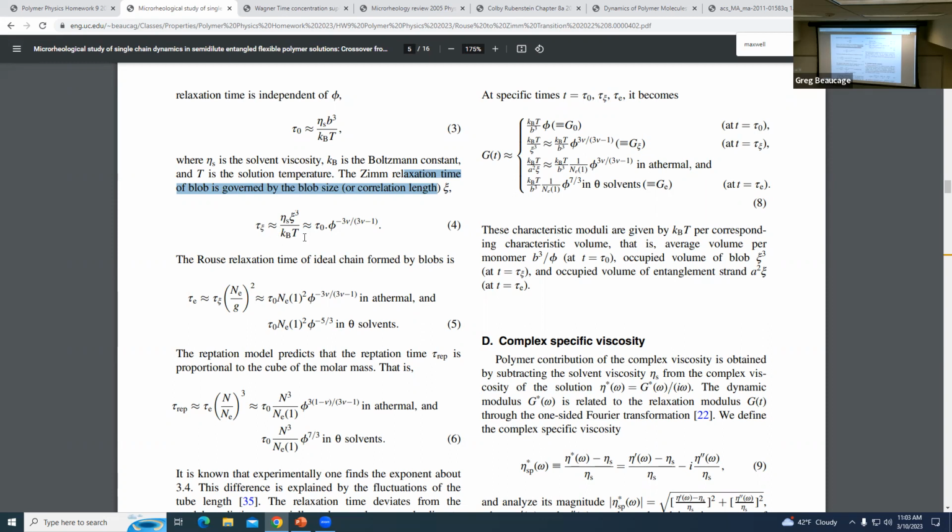So time times D, and D is kBT divided by, okay, so let's see if I can do this right. Let me write the equation first. It's tau of that blob size, the solvent viscosity times the size cubed divided by kT, right? And then let me go over here and try to do it again.